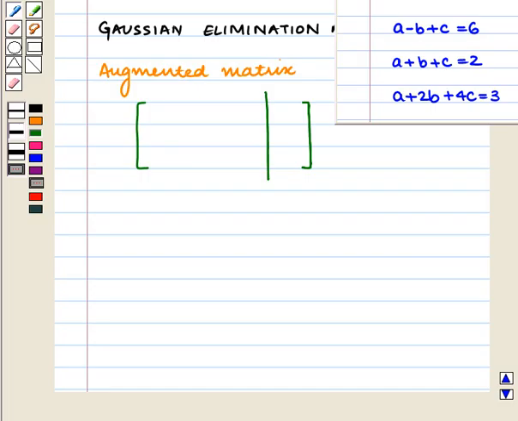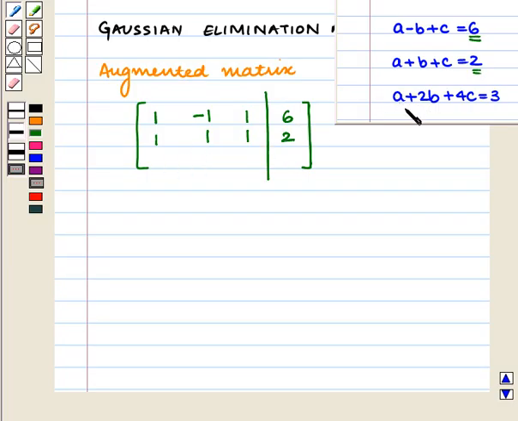First we write its augmented matrix. The first 3 columns are of the coefficient matrix and the last column is of the constant matrix. That is, the first row is 1, -1, 1 and 6. The second row is 1, 1, 1 and 2.